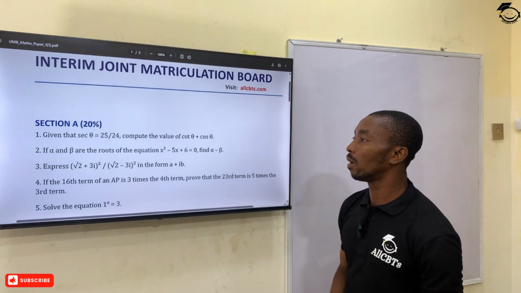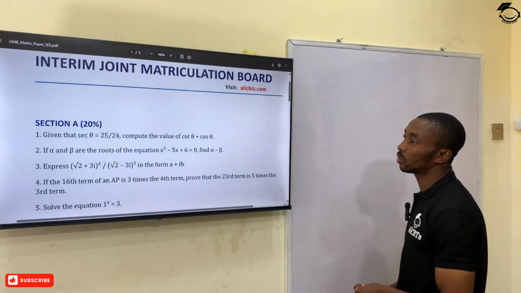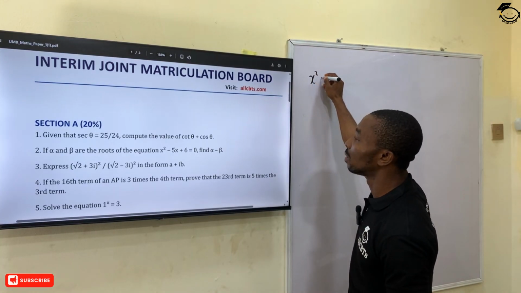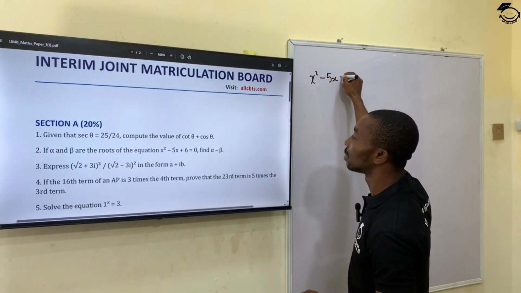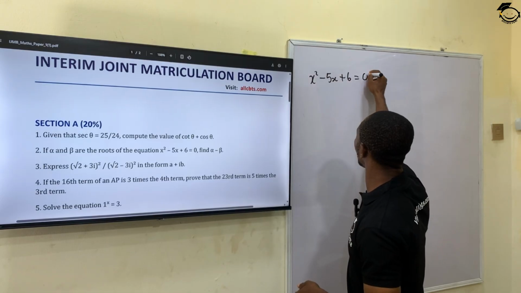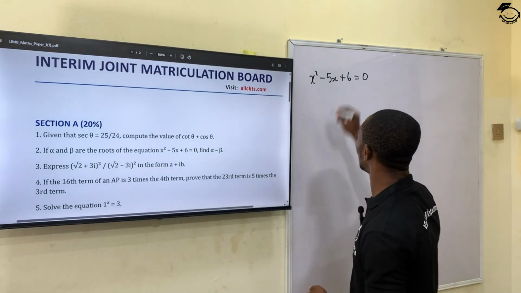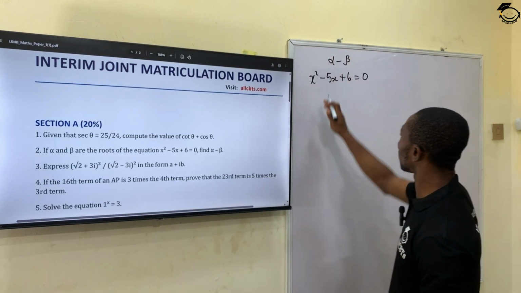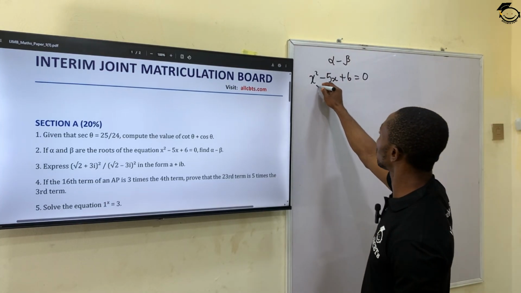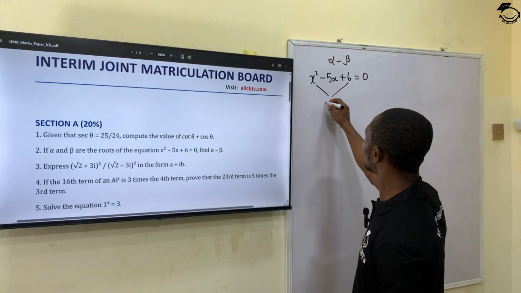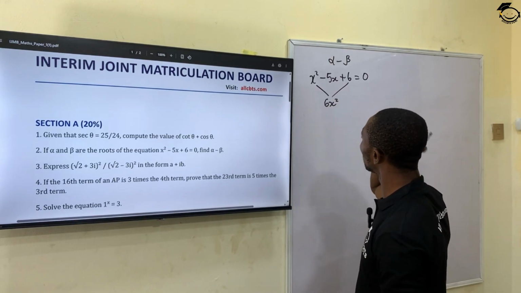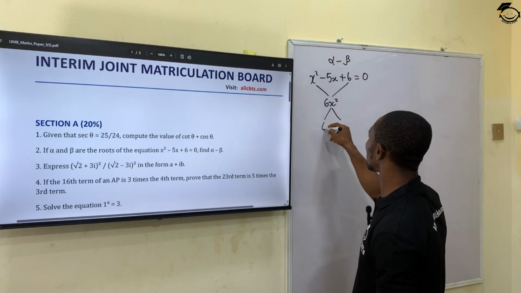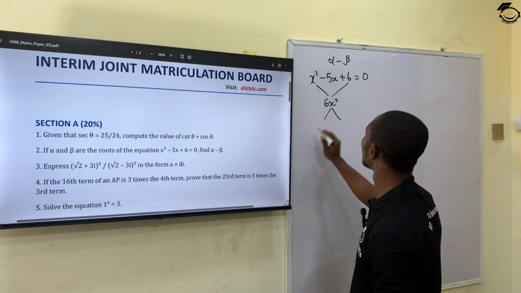If alpha and beta are the roots of the equation x squared minus 5x plus 6 equals 0, find alpha minus beta. Now, for us to solve this, we factorize this equation. So the factors of 6 that will give us 5 will be 2 and 3.